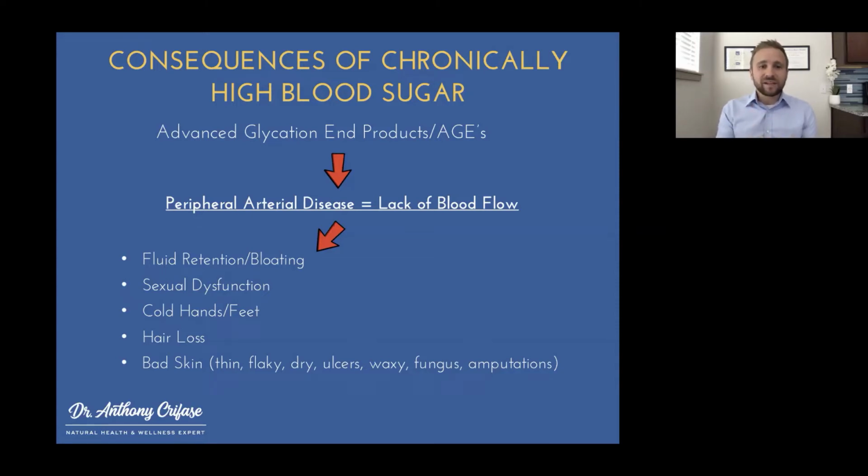So this not only affects the arteries and the veins, but also the nerves. High blood sugar affects everything in the body. Your hair depends on proteins. You need blood flow and nutrients in order to deliver those proteins to make those hair follicles. And the same thing goes for fungus: there are many diabetics who have fungus on their feet.